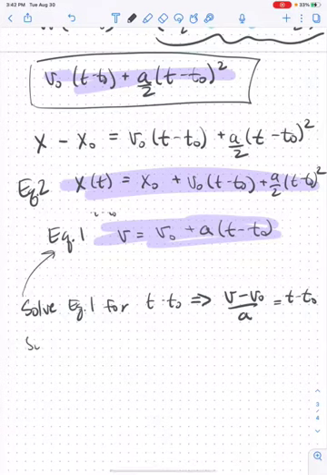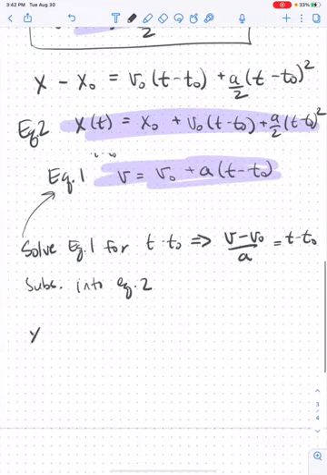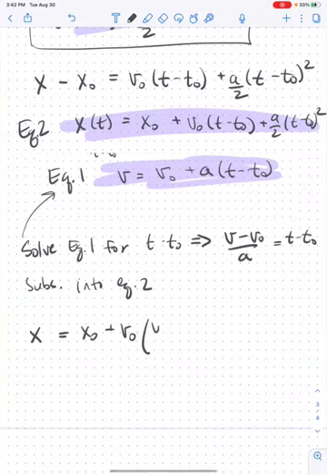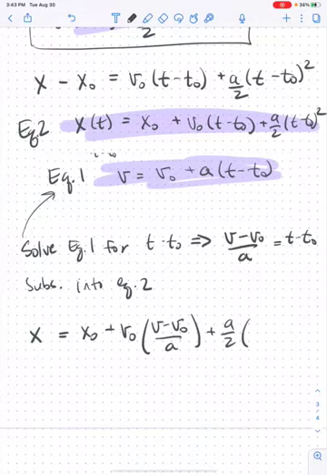And now I'm going to substitute this into equation 2. That gives me x equals x naught plus v naught times v minus v naught over a, plus a over 2 times v minus v naught over a, squared. Okay.